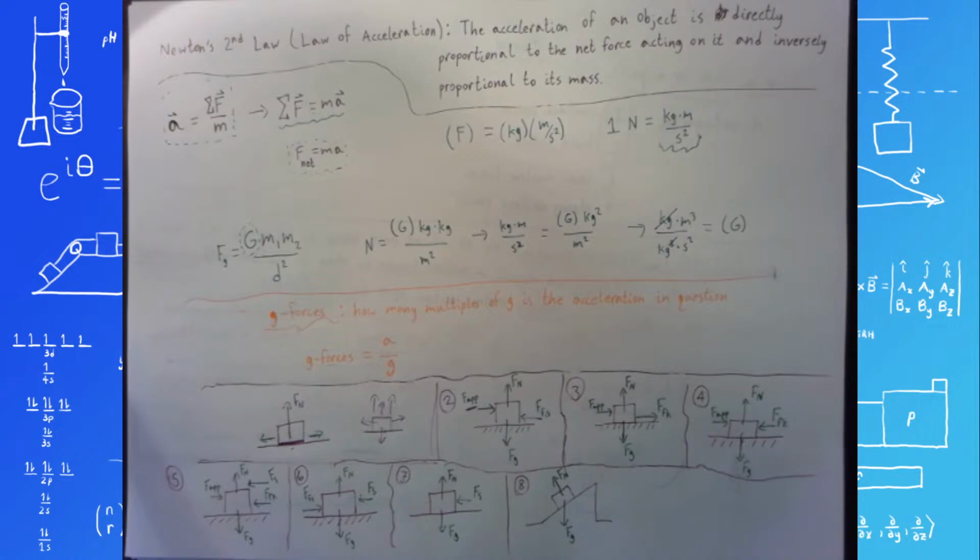Perpendicular to the surface and away from the surface. And that's it. There's no roughness to this surface, so neither type of friction is involved.